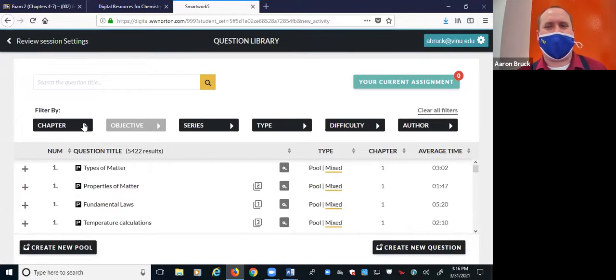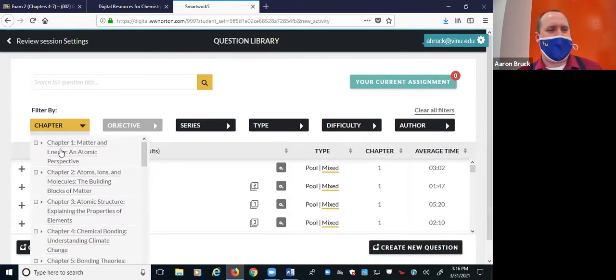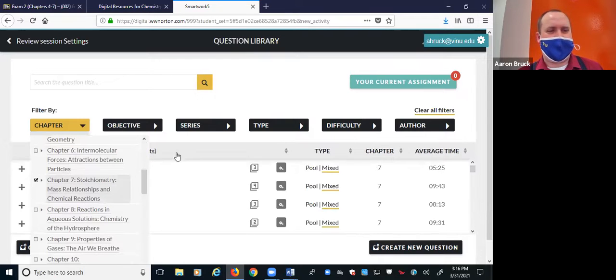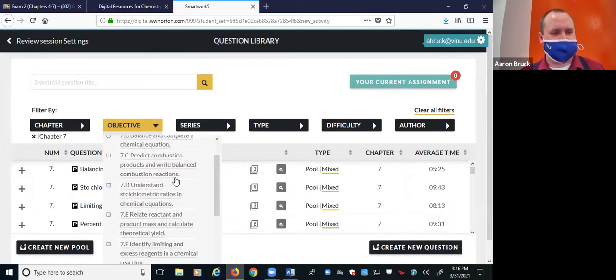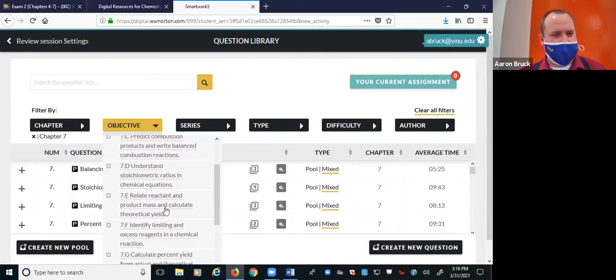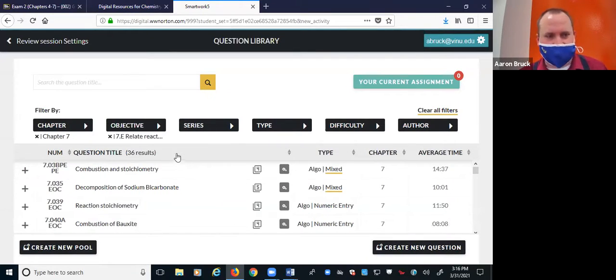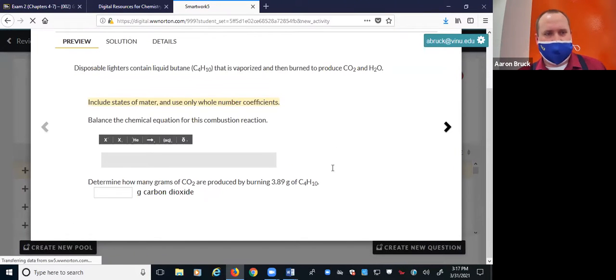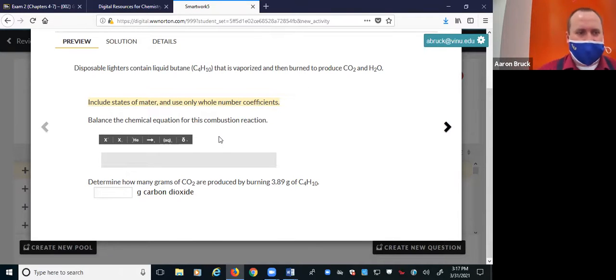SmartWork won't let me access any of the questions until I get the assignment in. This is one of the wonderful little quirks of SmartWork. Okay, let's just go through a couple of these and we can address them as they come.